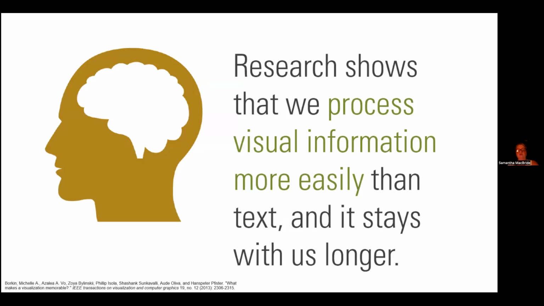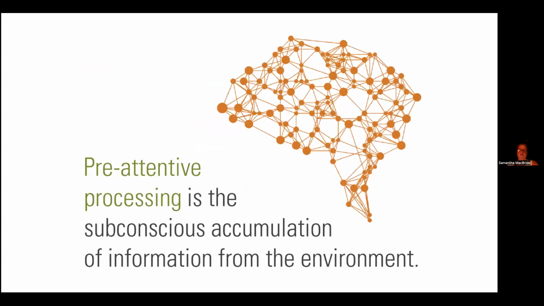And there's neuroscience research to back this up. There's something called pre-attentive processing, which means how we interpret what we look at before we're even fully conscious that we're thinking about it.